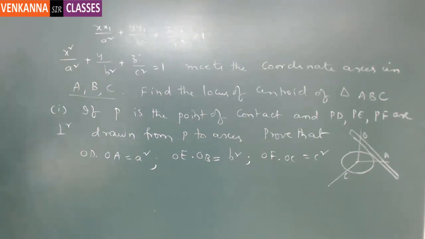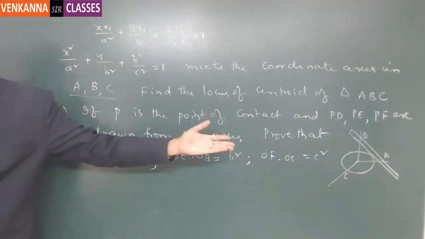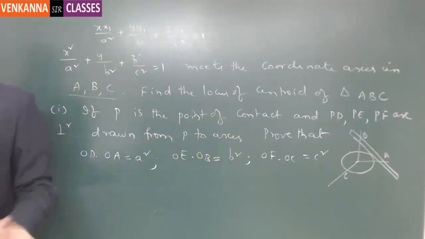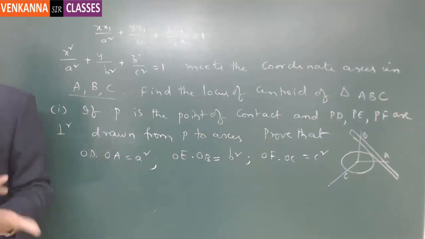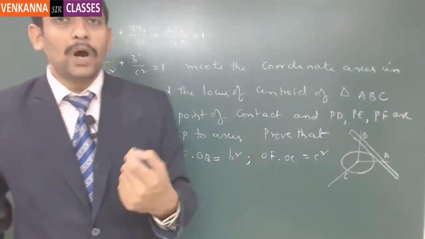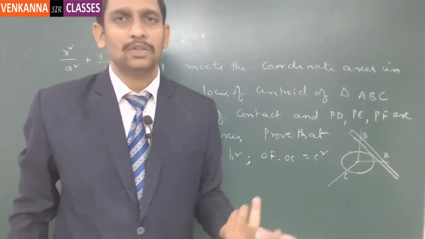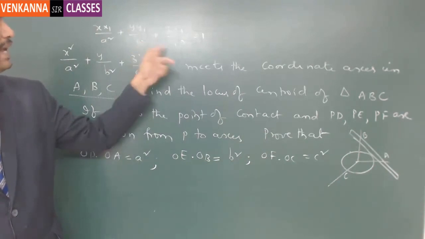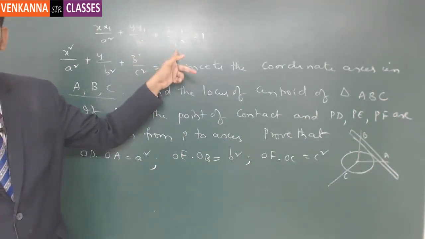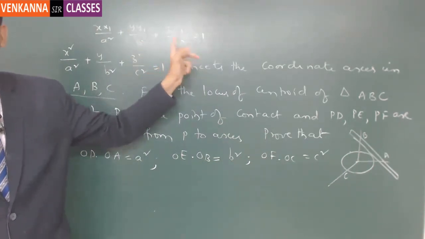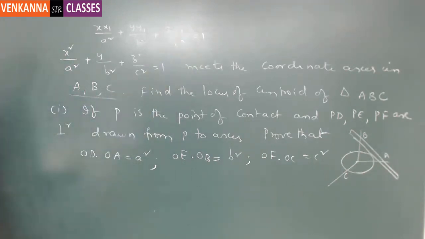Now, as and when it meets the coordinate axes, always we will get the intercepts, isn't it? Now, if you want to get the x-intercept, what you have to do? If you substitute y and z values as 0 in the plane equation, you will get the x-intercept. Accepted?